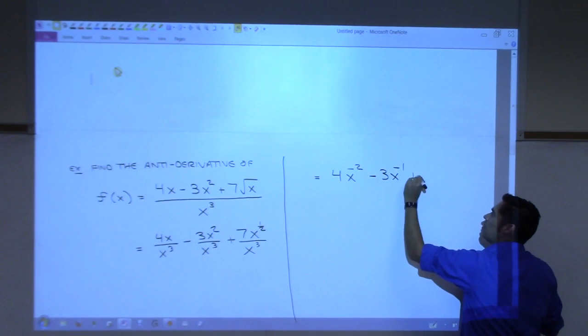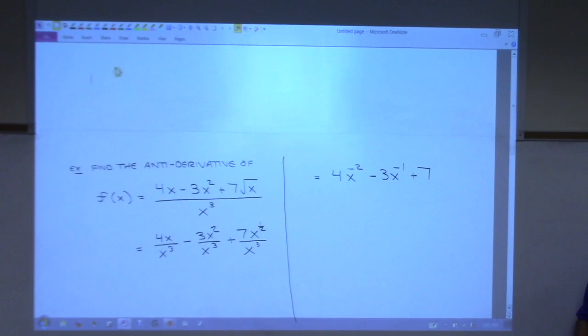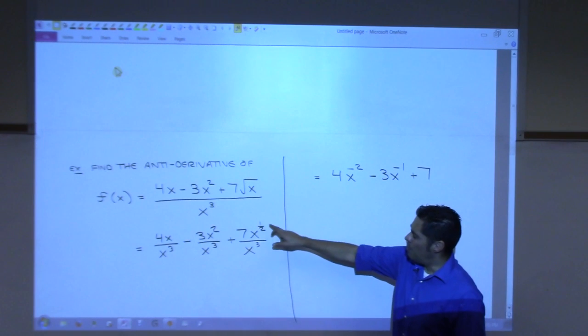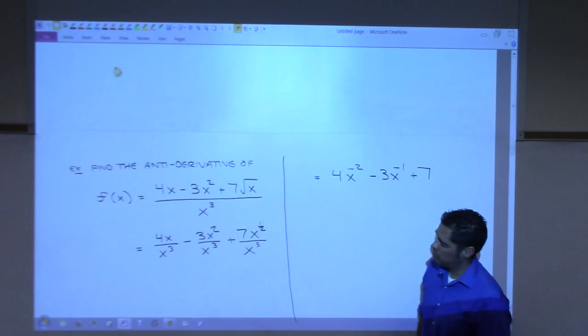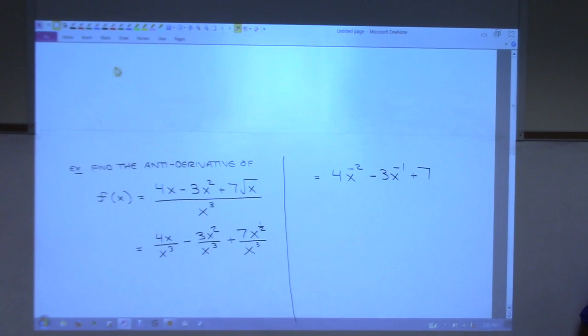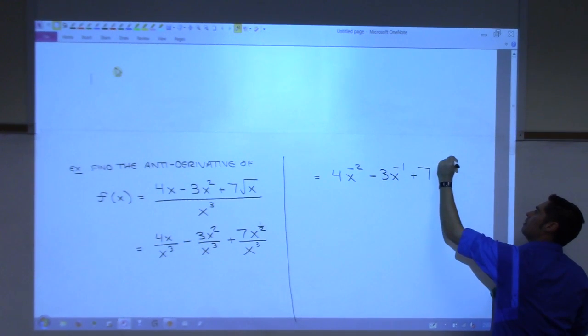And the last one is going to be plus 7. You're subtracting, right? Isn't this 1/2 take away 3? What is it? Negative 5 over 2. x to the negative 5 over 2.